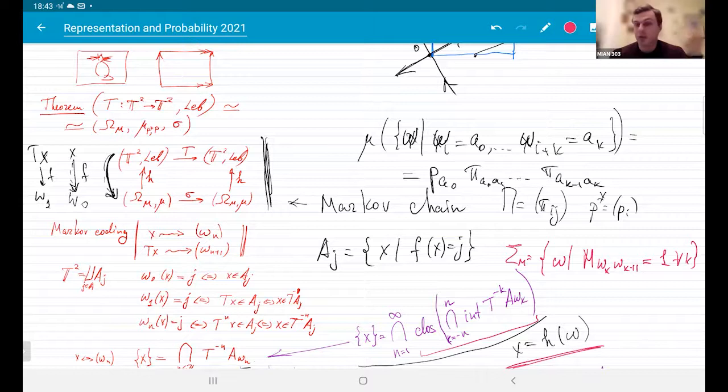a topological space, and we see that this H is then continuous.